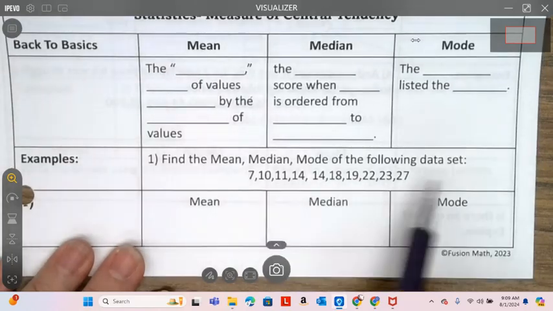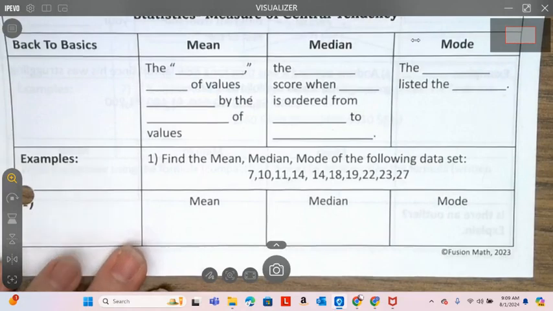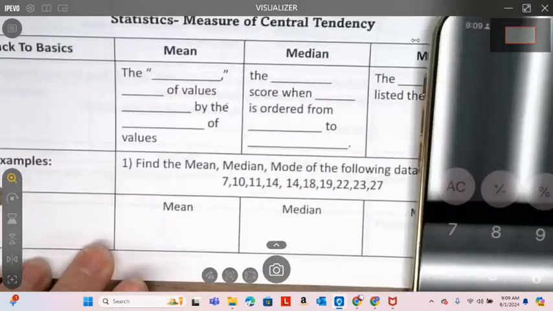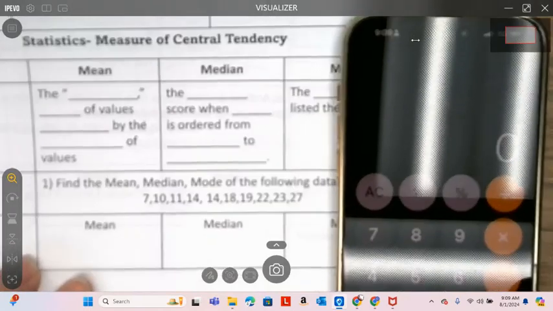If they give them to you and they're not already in order, you're going to want to go ahead and put those in order from least to greatest, because that's necessary to get the correct answer. So I'm pulling out my handy dandy calculator, which right now is my phone, and I'm going to add these things together.